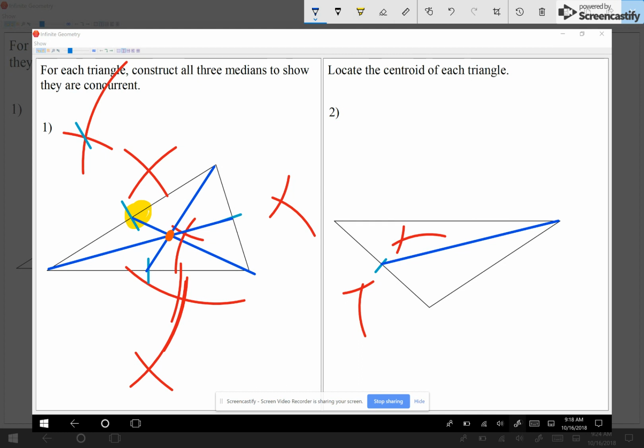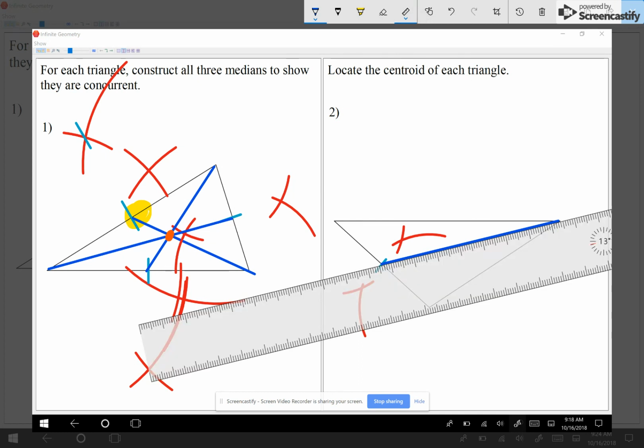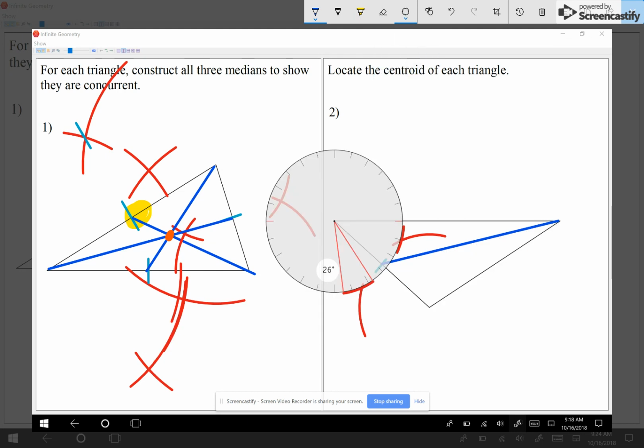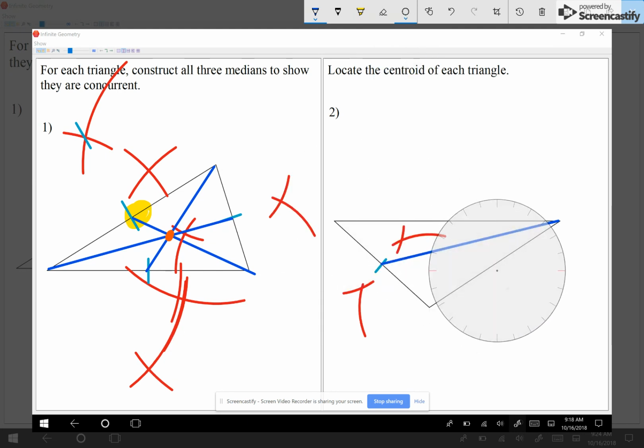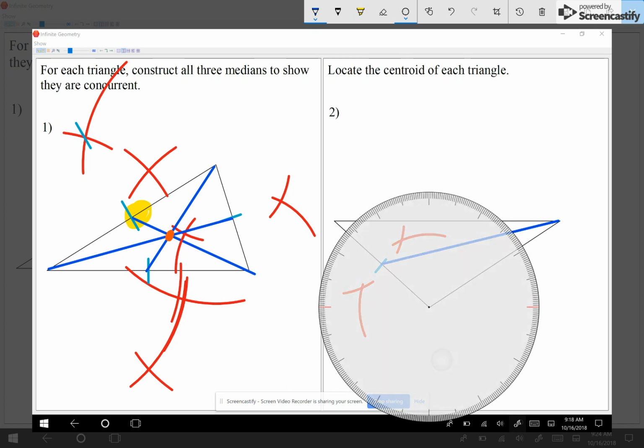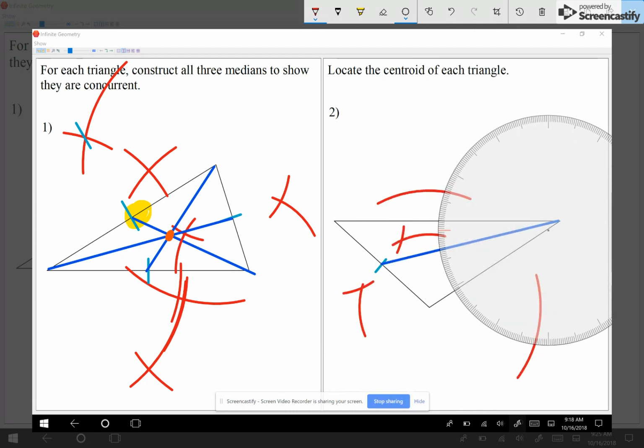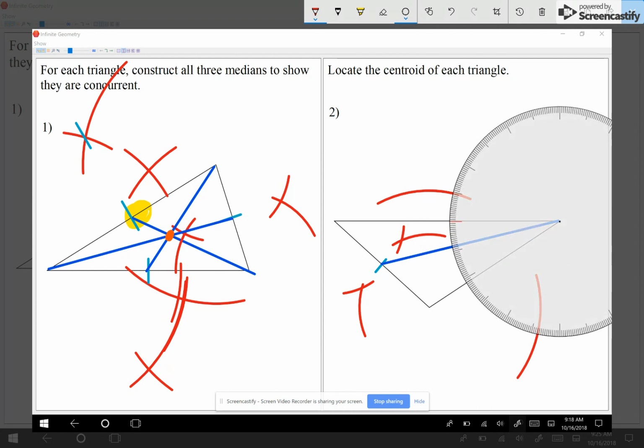All right, now let me do the same thing with another side. So I'm going to grab my compass. I'm going to look at this side on the right. I'm going to center my compass at the end of the segment. I'm going to make sure I open my compass to more than the middle. And with red, I'm going to do an arc here. I'm going to do an arc on this other side. I move my compass to the opposite side of the segment, and I do an arc there, an arc here.